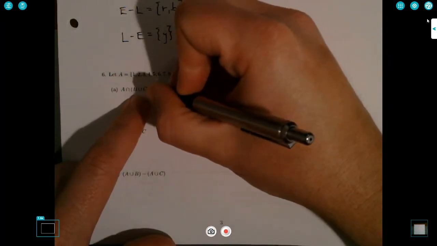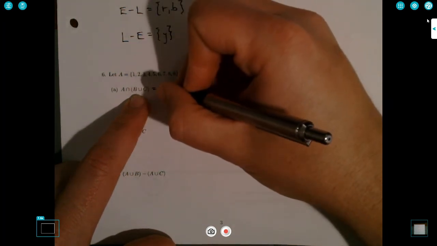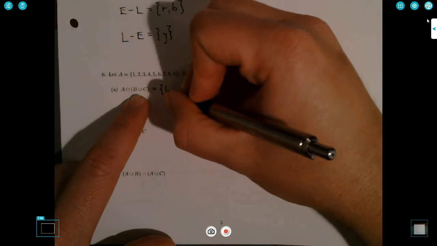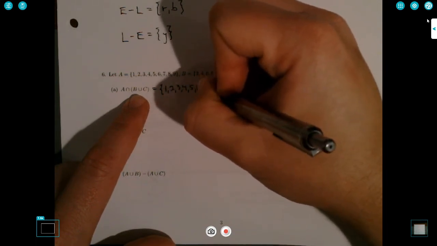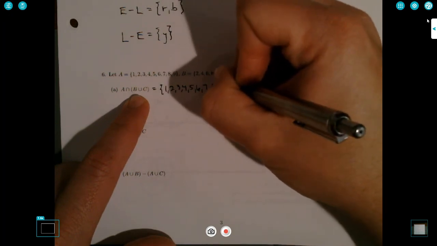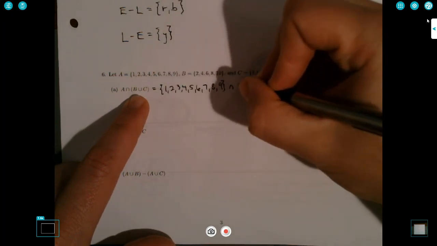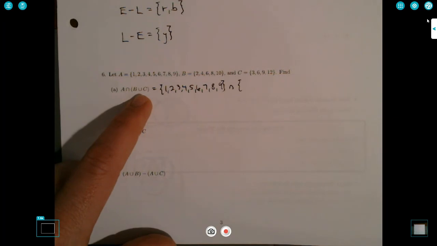So for example, let's say that we have this scenario, A intersect (B union C). Now, because B union C is in parentheses, I'm going to do B union C first. So I'm going to rewrite this. First of all, let me rewrite A is the set {1, 2, 3, 4, 5, 6, 7, 8, 9}. Then I'm going to intersect that with whatever B union C is.